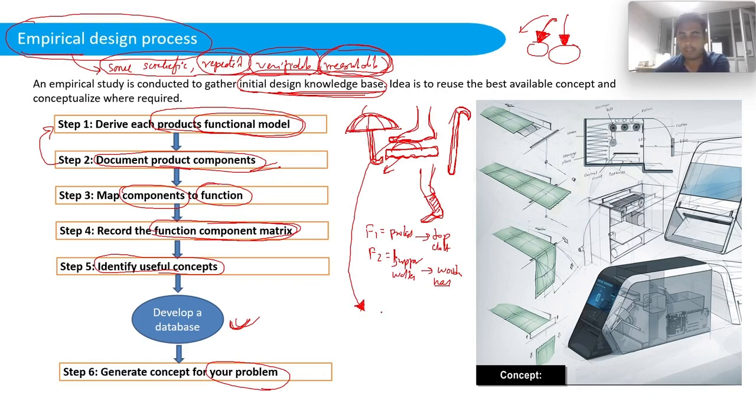You may look for other solutions, but you can use that database to pull some of those useful concepts. So the idea is that you reuse whatever is best available.